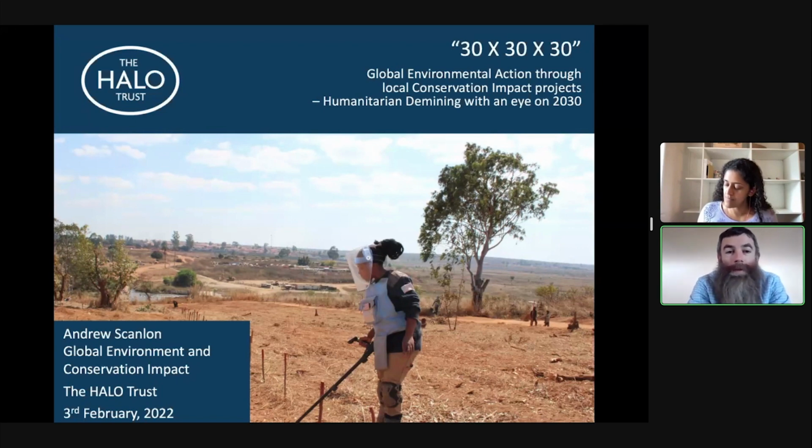They're vulnerable in terms of degradation, and they're really important in terms of biodiversity. So this is our challenge to HALO and to the sector, to look at protecting 30% of the Earth by 2030, as much as we can in the humanitarian world. So global environmental action, local conservation projects in the humanitarian demining sector with an eye on 2030.